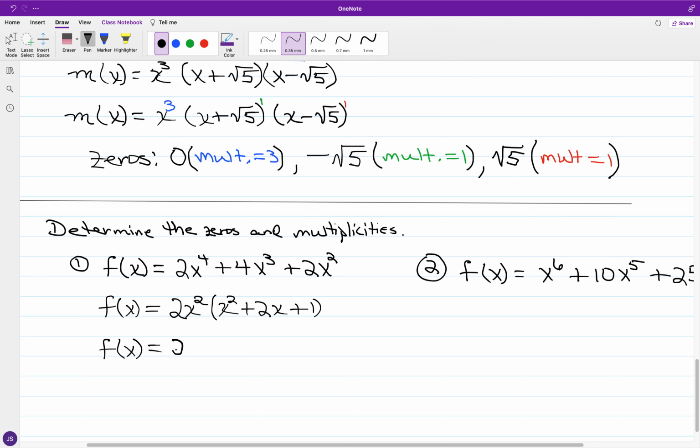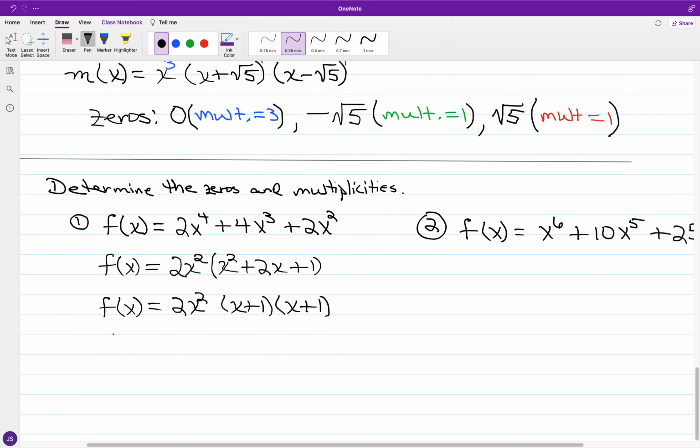So f of x is equal to 2x squared times x plus 1 times x plus 1. Again, rewriting, I have a factored form, but I want to do it without the same expression written more than once.